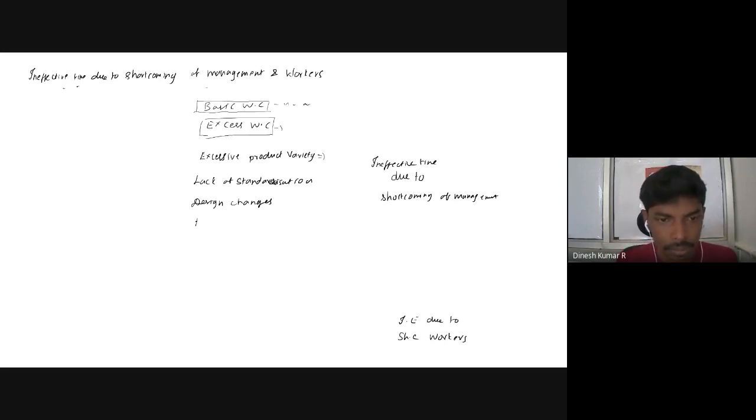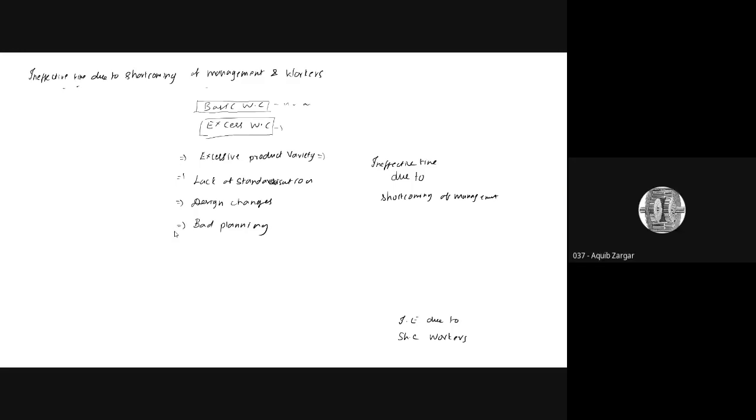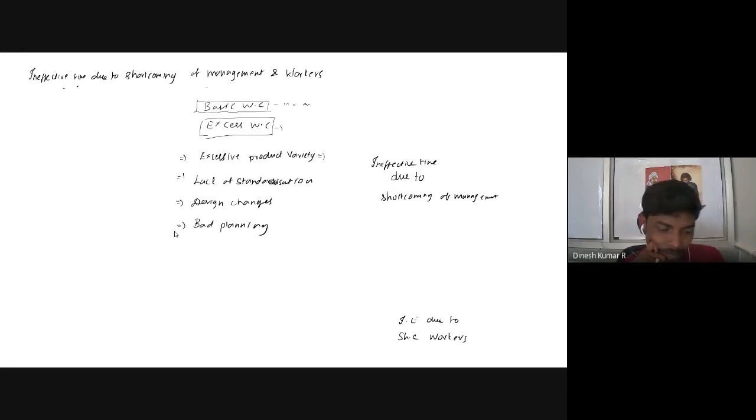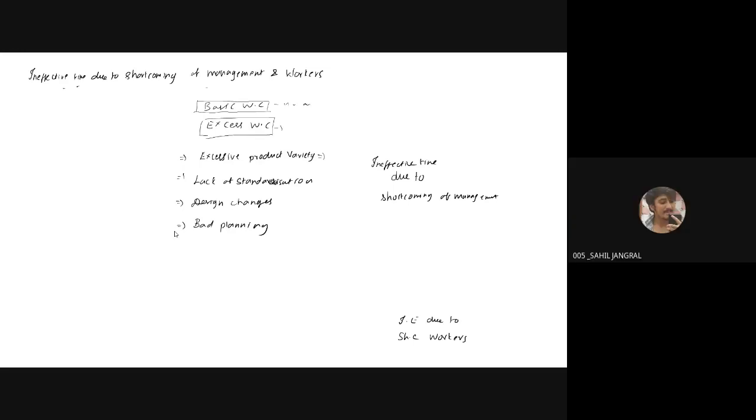Then comes bad planning. What do you think about bad planning? Bad strategy. What strategy is it? The sequence of operations is not fixed. First, numbers are not set to use which machine first.